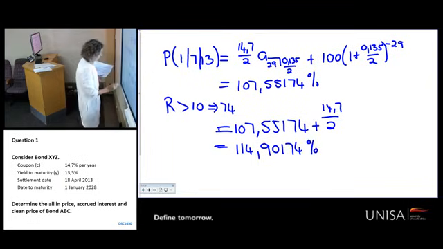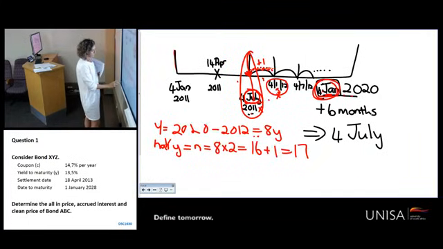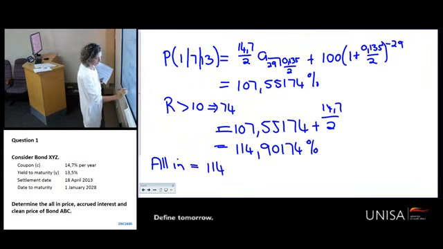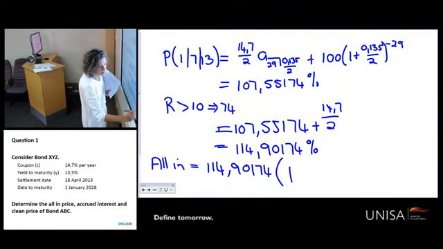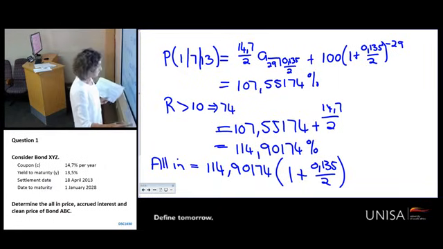Right. Now again, where is this? This is the price here. Where do I need the price? Here. So I need to move it back in time. So if I want my all-in price, I need to take this 114 and I move it back in time, minus R. R is 74.